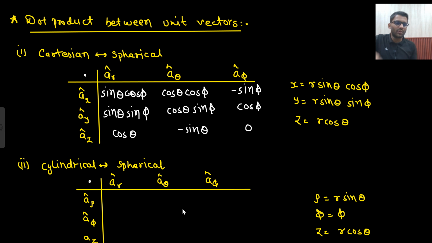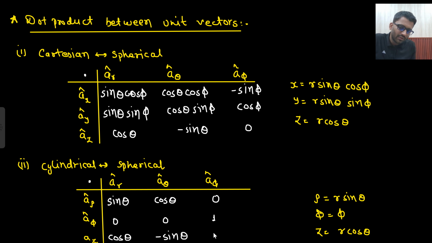What about this? Rho equals R sin theta. Phi has no relation, and Z equals R cos theta. Differentiation: sin theta will give you cos theta, and cos theta will give you minus sin theta. This will be 0, this will be 1, and this will be 0. These are the relations. Very easily I can write it down.